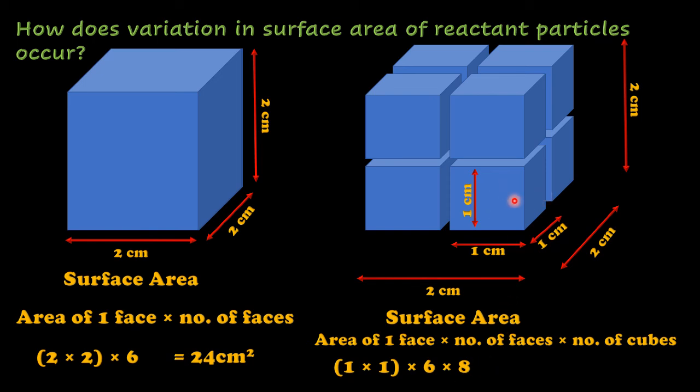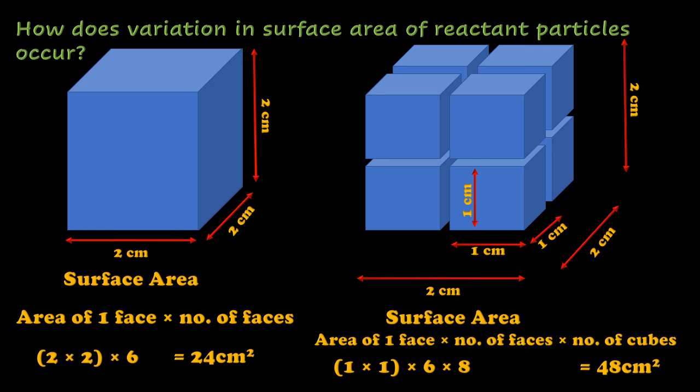This will be 1, 2, 3, 4, 5, 6, 7, and then there is another cube behind all of this, which makes 8. So we have cut one cube into 8 cubes. What is the total surface area this time? Did you get 48?